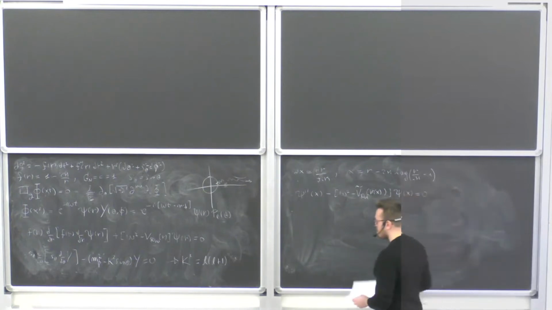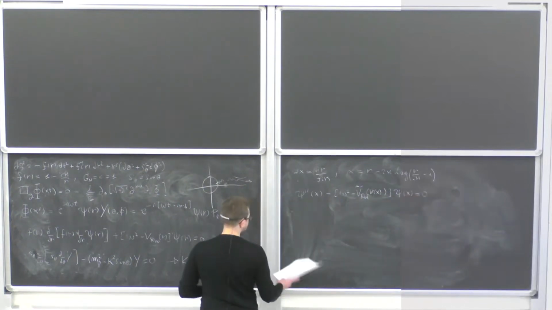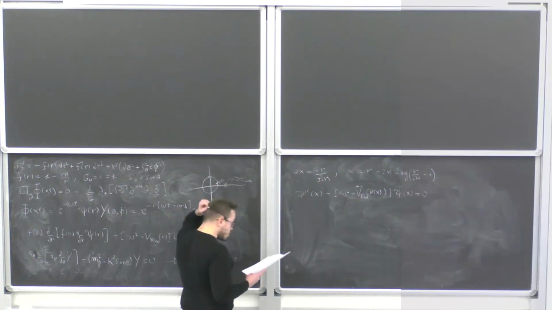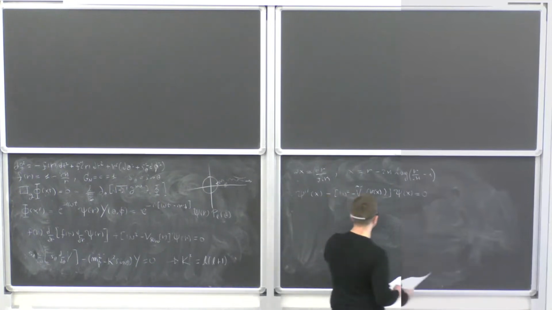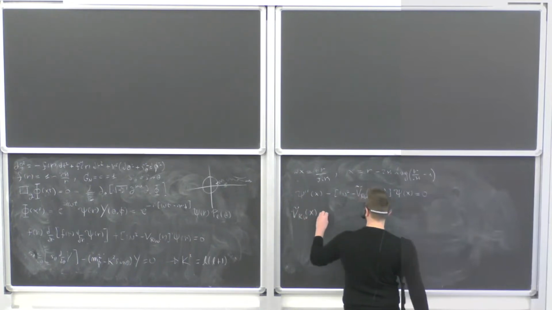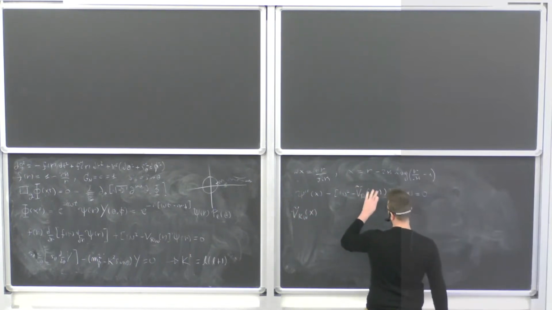So now, this potential is very complicated. So what we can do is to study a simpler potential. So we replace the Regge-Wheeler potential. We replace it with, sorry, this is a function of x.